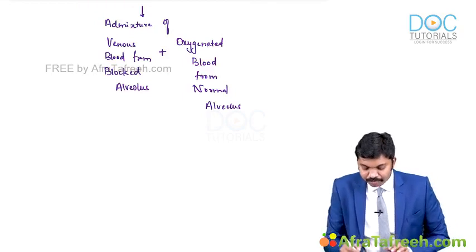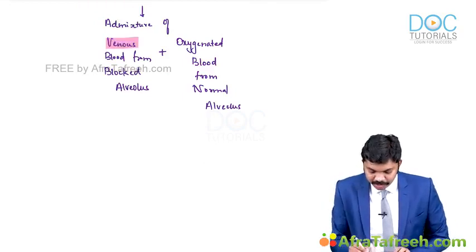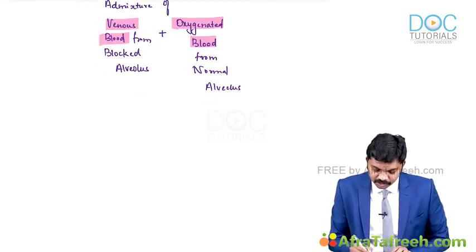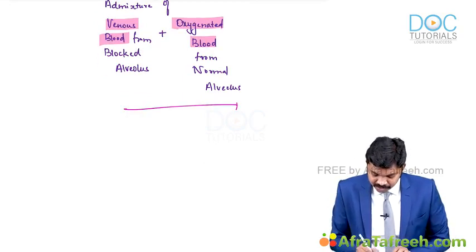So, when you have admixture of venous blood and oxygenated blood, what do you call this, doctors? This condition is called shunting. So, admixture of venous and oxygenated blood is called shunting.